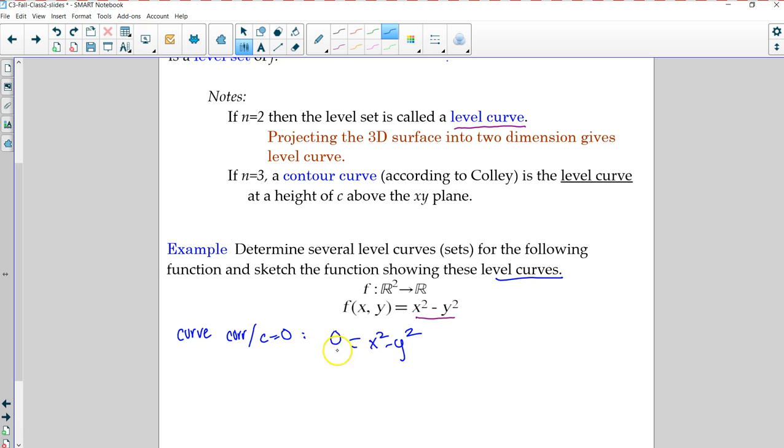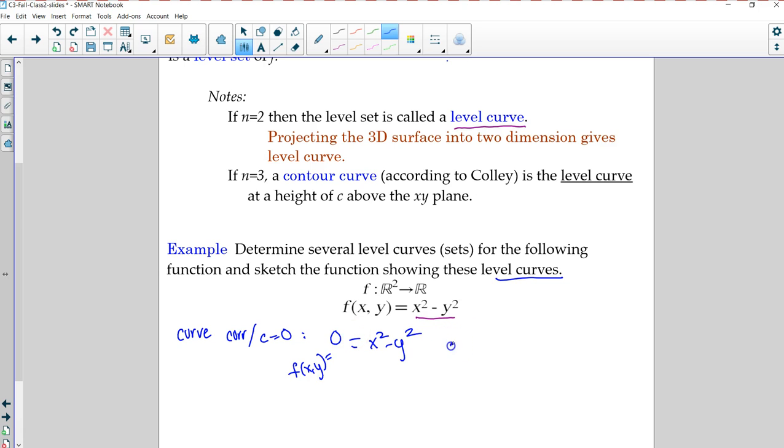This is fine. This would also be the same as saying f of xy is equal to 0, which is then subsequently equal to that.